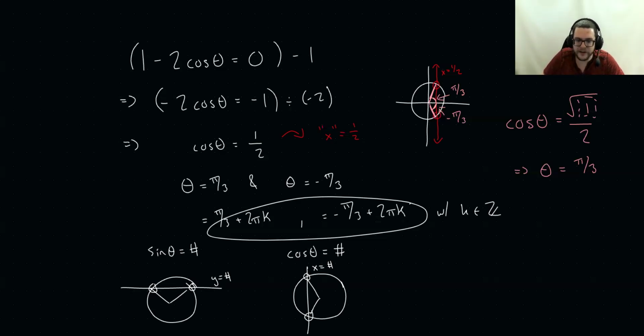And if I have some tan theta equals a number, I draw the circle. Now I'm going to draw a line that has a slope of whatever that number is, and those intersections represent my angles that would satisfy this equation.